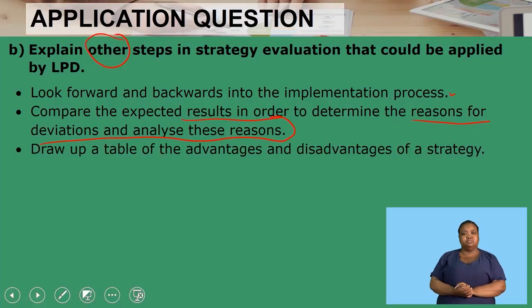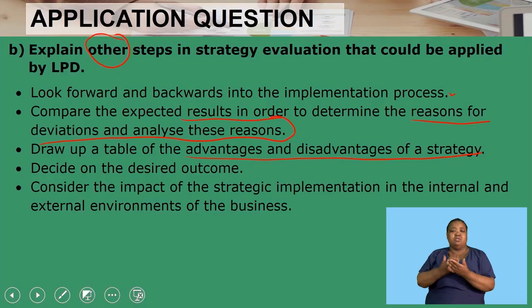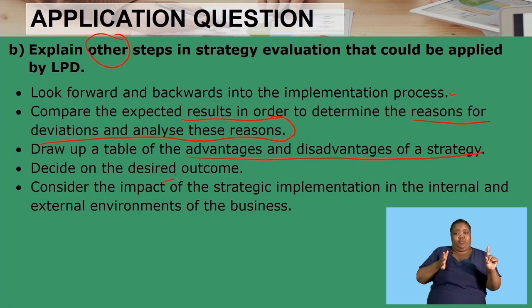Right, let's move on. You need to draw up the advantages and disadvantages of a strategy. So with our chosen strategy, what are the benefits and what are the challenges, so that we can know if our strategy is worth going for. Decide on the desired outcome. Consider the impact. Remember, impact is the positives and the negatives.